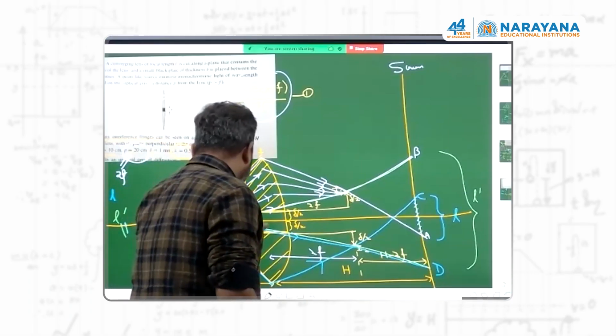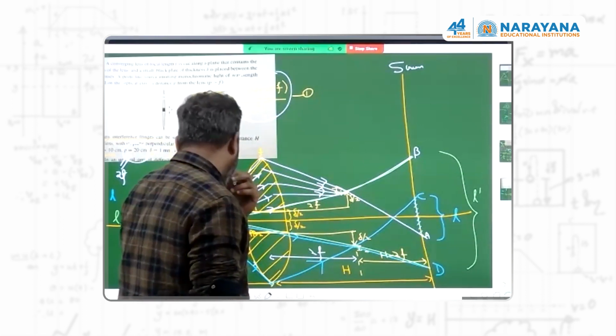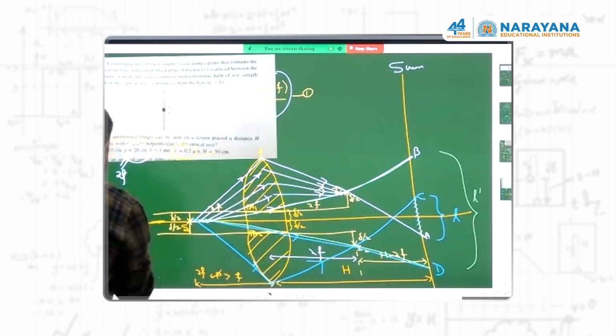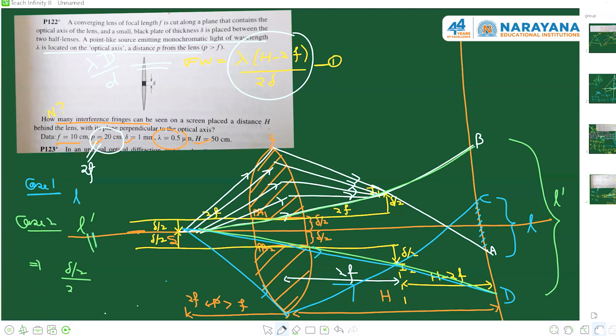The distances are like 2f, 2f, and that height, there was 3 delta by 2. In fact, I can write from here also. So I'm saying delta by 2 divided by 2f, which was P actually, is equal to L prime by 2 divided by the total distance, and that is 2f plus h.